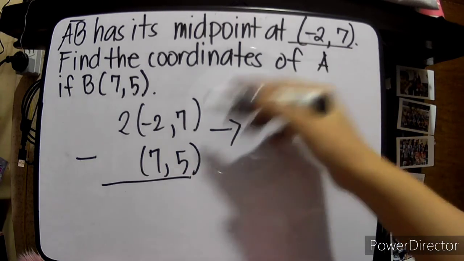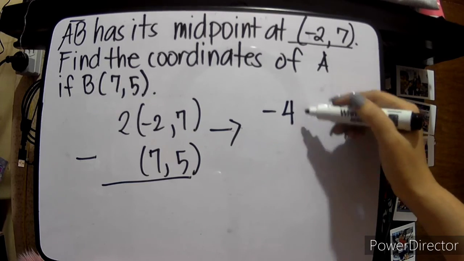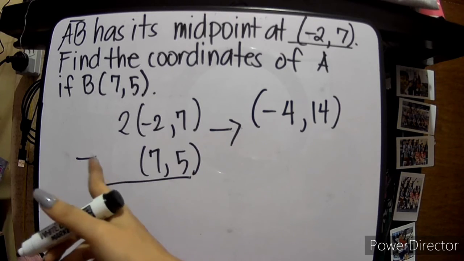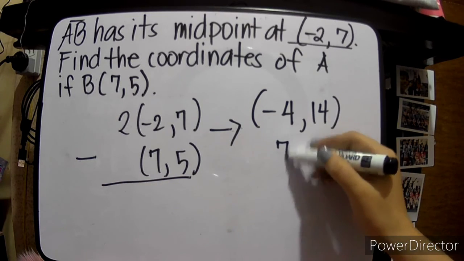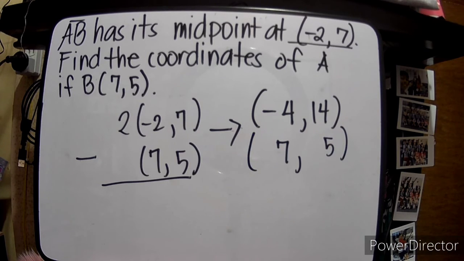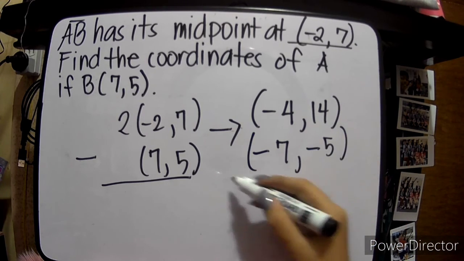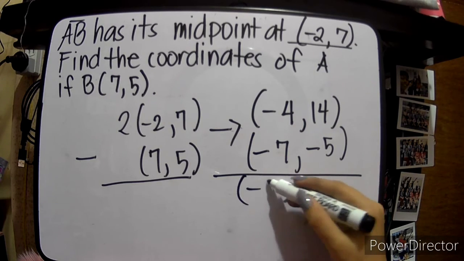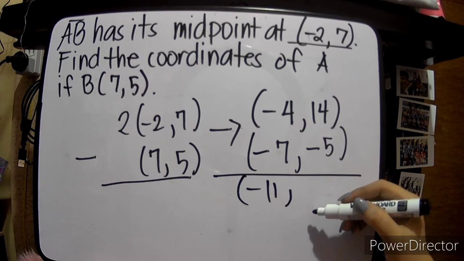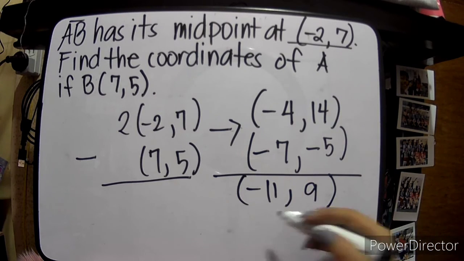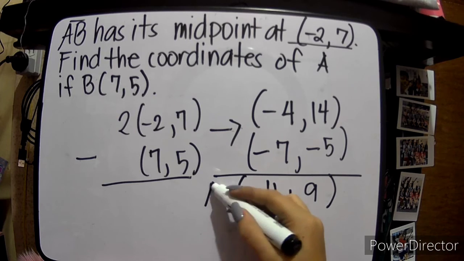So, negative 4, 14. And we will be subtracting (7, 5). And remember, we are changing the sign of the subtrahend, and then after that, we will be following the rule in addition. So we have negative 11 and 9. So this is A.